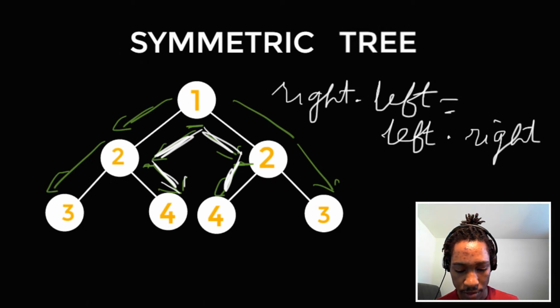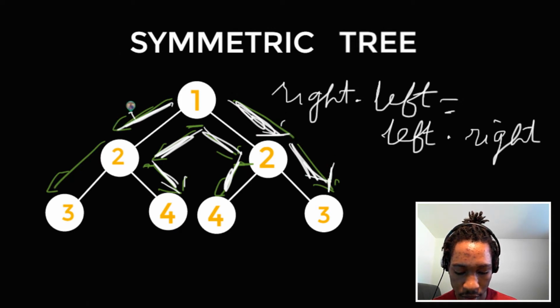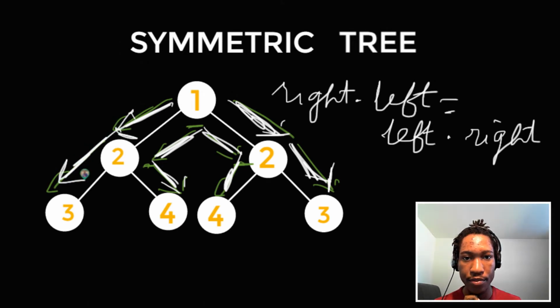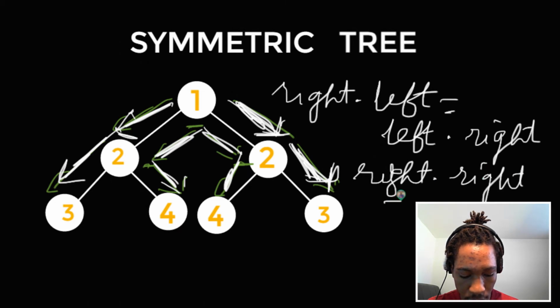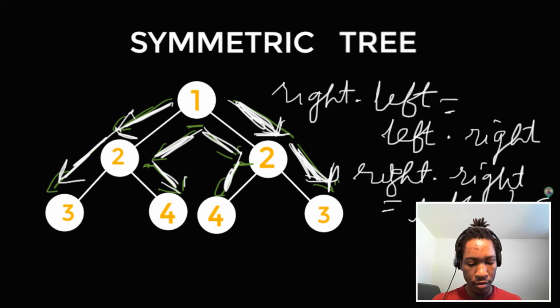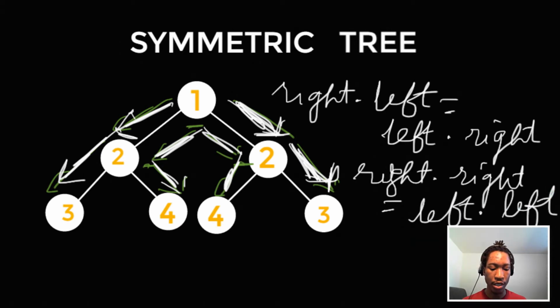We determined that right dot right, R-I-G-H-T, dot right should be equal to left dot left. So that's pretty much it. These are the 2 equality checks that we're going to check. And except for the root node, we only have 2 children nodes to check, so we're only going to check for those 2 children nodes if they're equal.